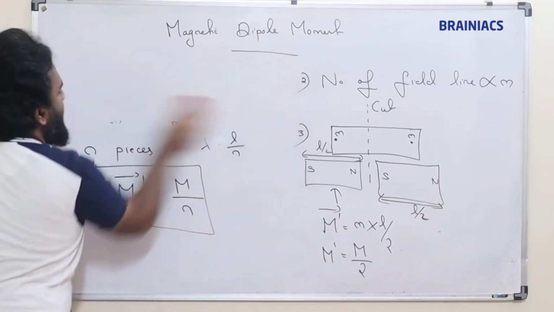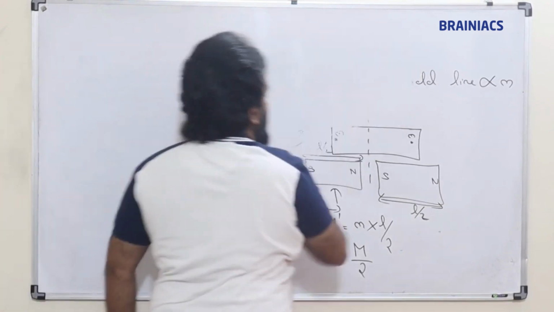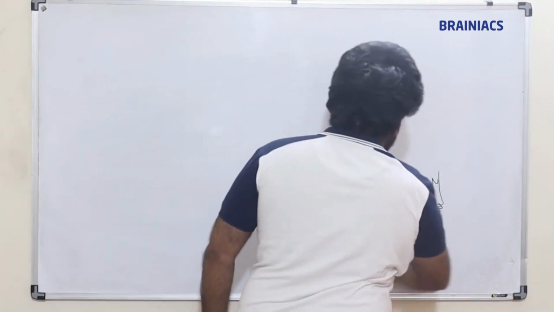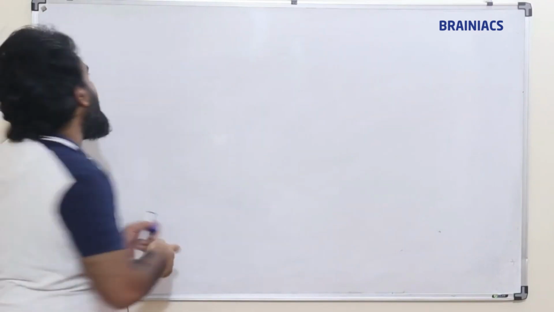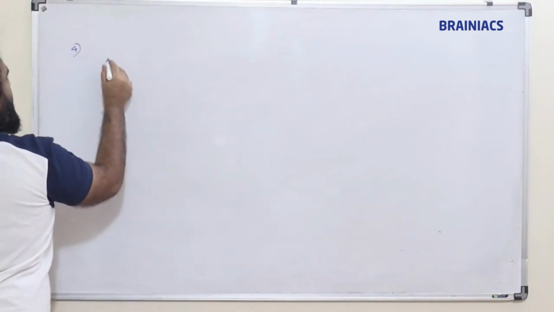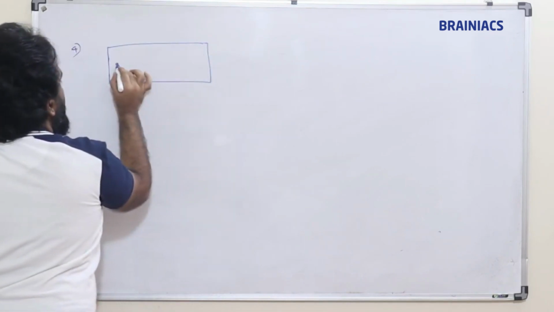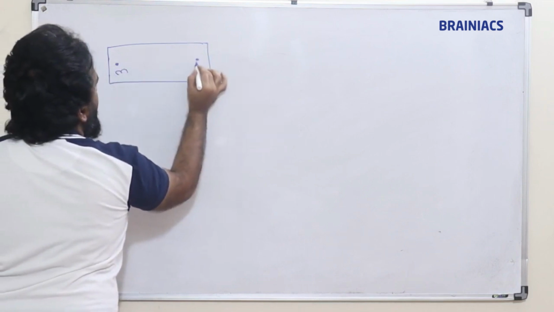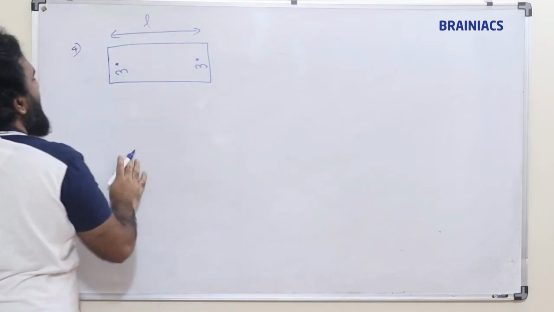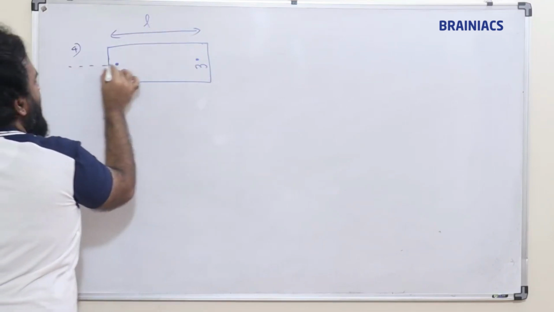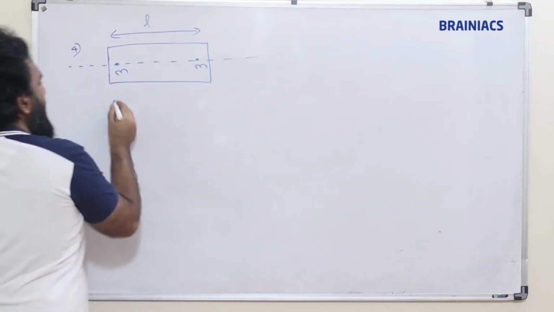Okay, next, the fourth point is, suppose this is the magnet of pole strength M and the length between them is L. Suppose we cut them axially, like this, what will happen?